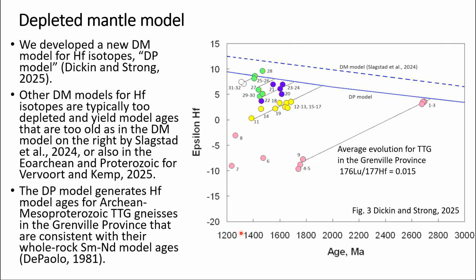So we actually developed a new depleted mantle model for hafnium isotopes, partly to address the Superior Province and also partly to deal with some issues in the Grenville Province.